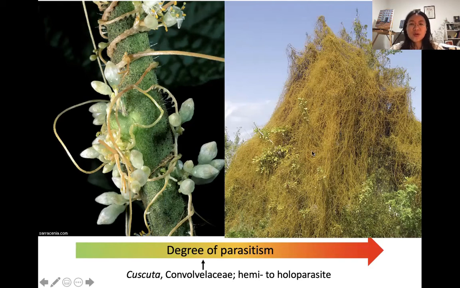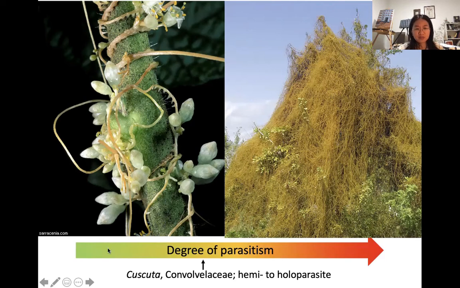If you have this search image, they form a really massive network or web-like structure when they parasitize a certain host. But themselves, they are really delicate looking. These are basically strings with haustoria, which we talked about before, that penetrate into the host.